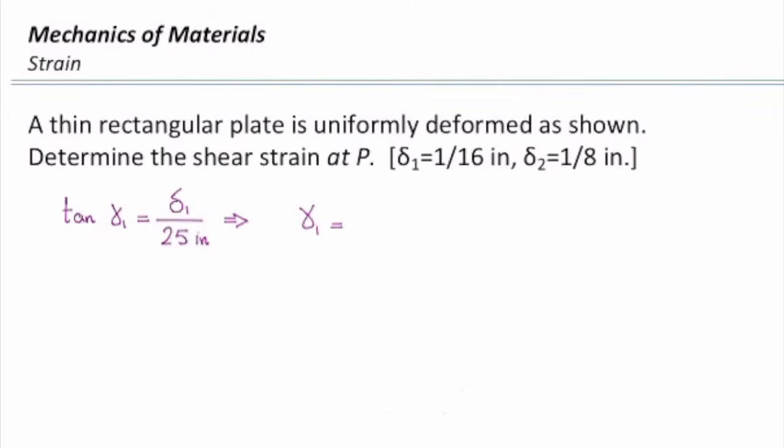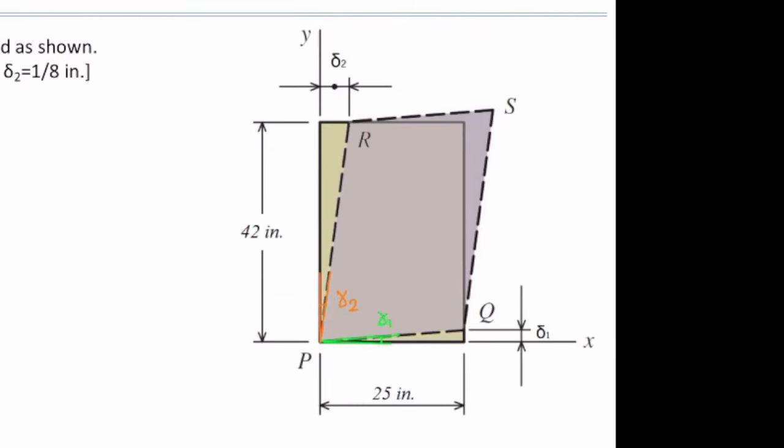That means that I can determine gamma 1 as inverse tangent of delta 1 over 25 inch. Delta 1 in this case is 1/16 inch, and if I plug the value, that gives us 0.0025 radian.